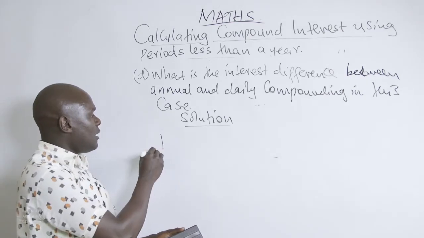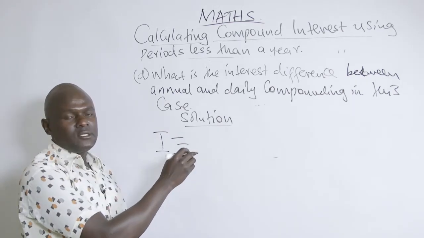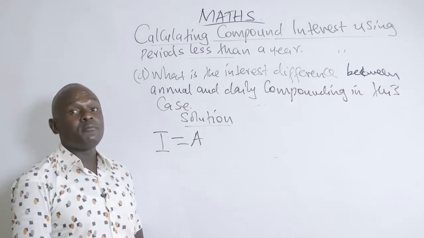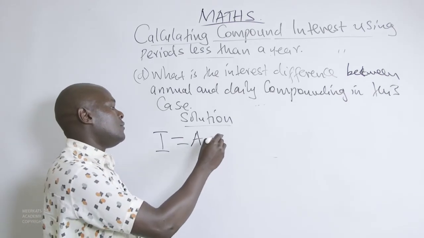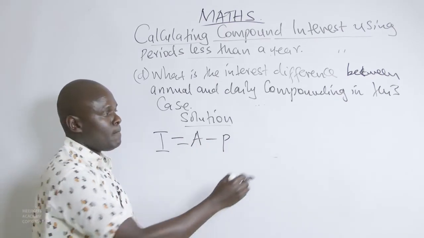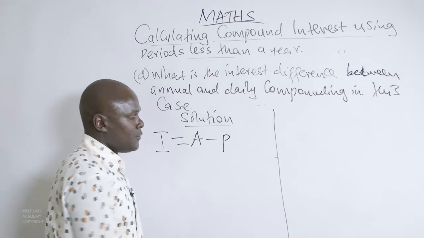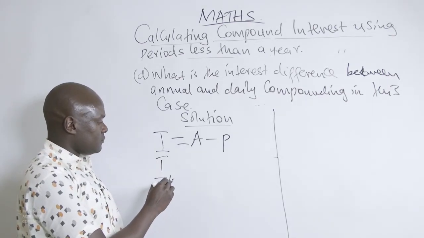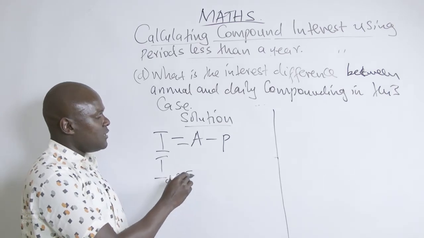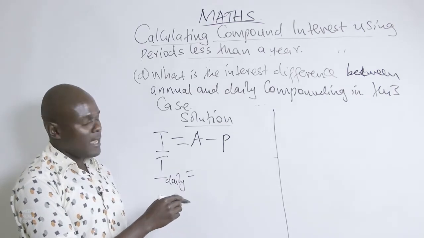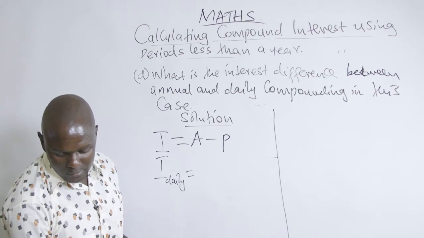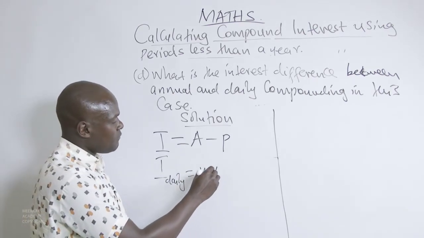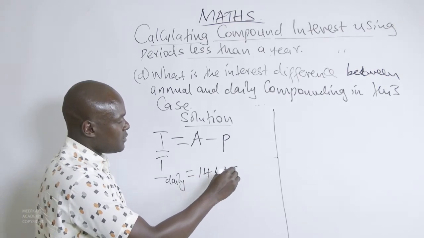And remember, our interest is obtained from the difference between the amount at the end of the period and the principal. So we need to get the daily interest. We look at the amount that was obtained when we were compounding daily. The amount is 14,481.